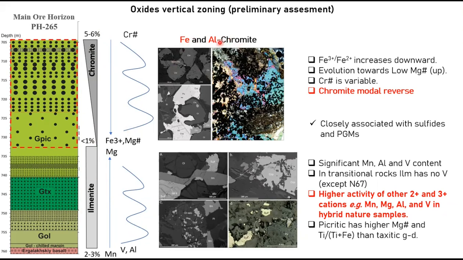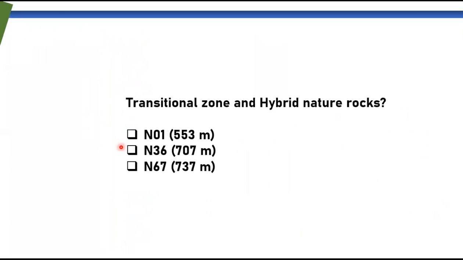The main compositions of chromites are iron chromites and aluminum chromites. The chromium number is variable, and the ratio of iron 3+ to 2+ is higher toward the bottom, which indicates probably more oxidizing conditions. We also have more primitive chromites at the bottom. Both oxides, chromite and ilmenite, are closely associated with sulfides and PGMs.